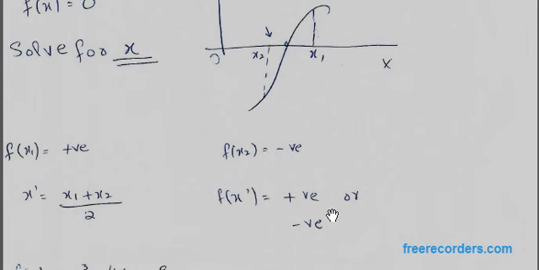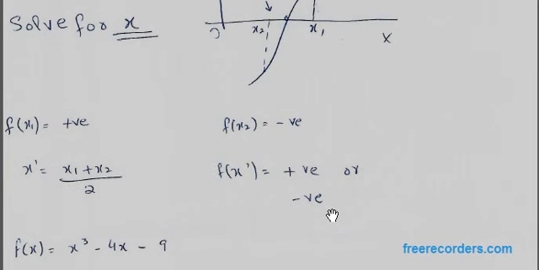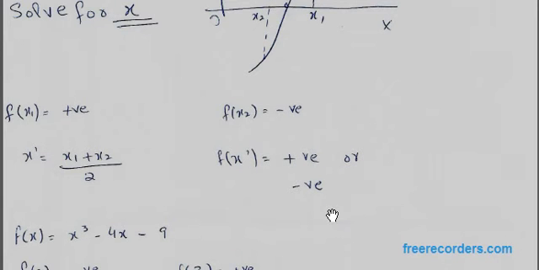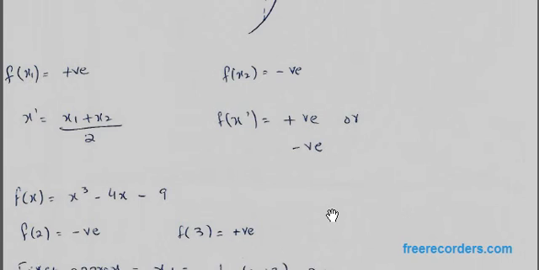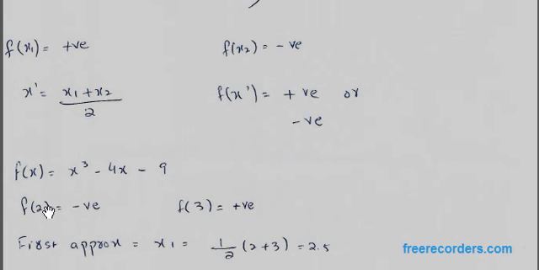So let us solve an example to analyze this method, how we use the bisection method to find the roots of an equation. Let's suppose we have a nonlinear equation, f of x equals x cubed minus 4x minus 9. Let's suppose we choose two initial guess values, at one of which the function is positive and at the other the function is negative.